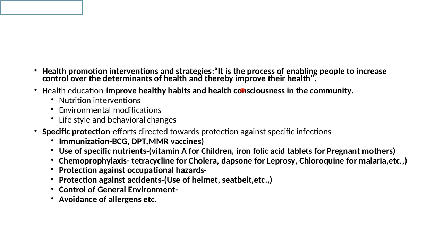When you're giving people working in a hospital gloves, you're protecting them against the infections they are exposed to during their work. Then another one is protection against accidents, e.g. seat belts in our matatus. Then control of the general environment and avoidance of allergens, etc.